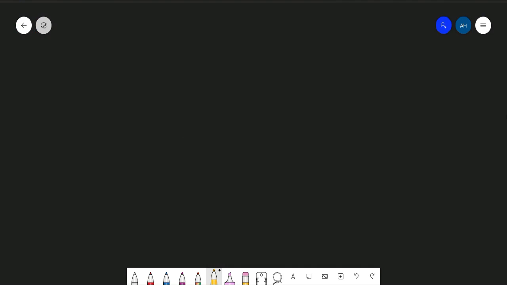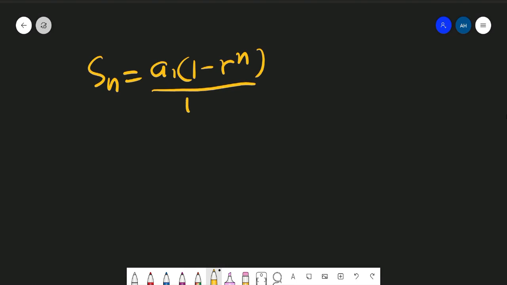We can also show the formula for S infinity by using the second version. That is, Sn equals a1 multiplied by 1 minus r to the power n, divided by 1 minus r.